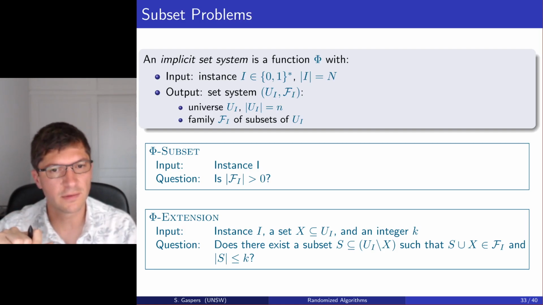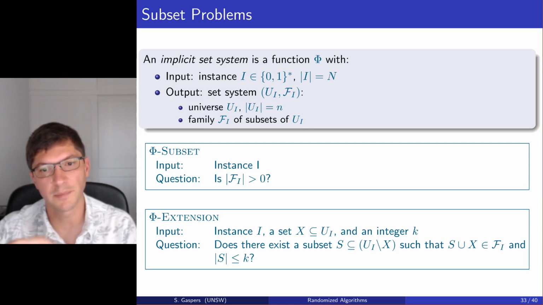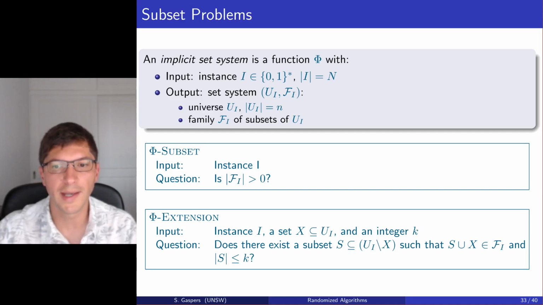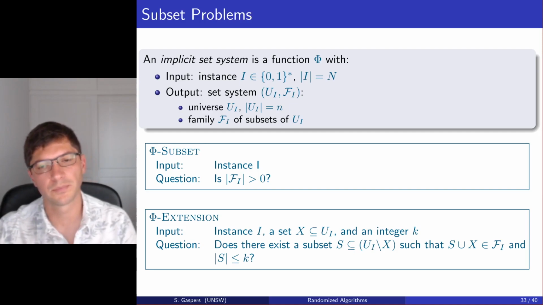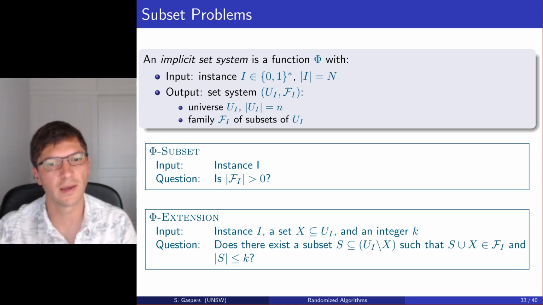The input is an instance, a set of pre-selected elements of the universe, and an integer k. The question is whether there exists a subset S of the universe minus the pre-selected elements such that if we add this subset to the pre-selected elements, we get a set in our family F. And this subset S must have size at most k.